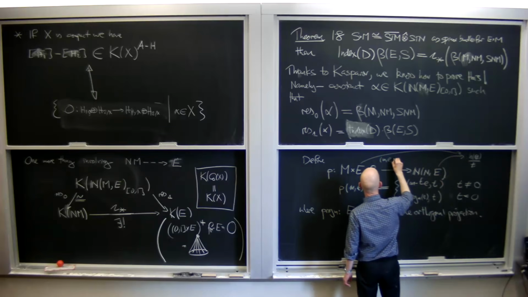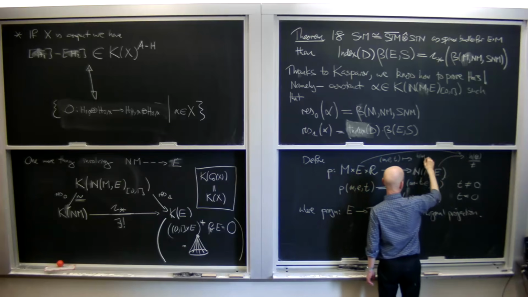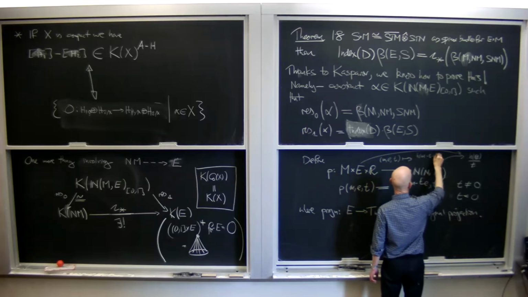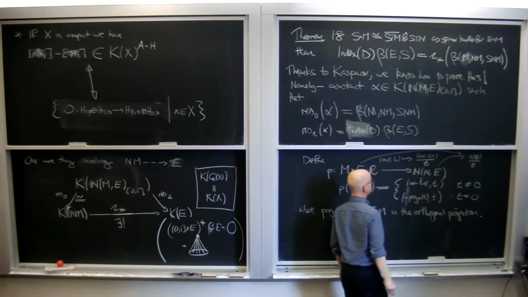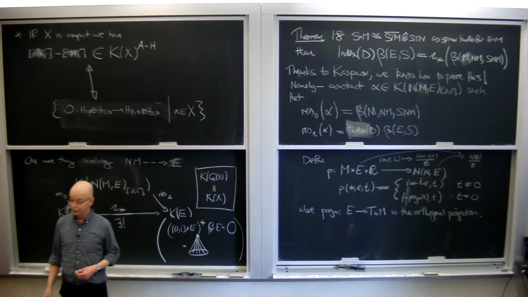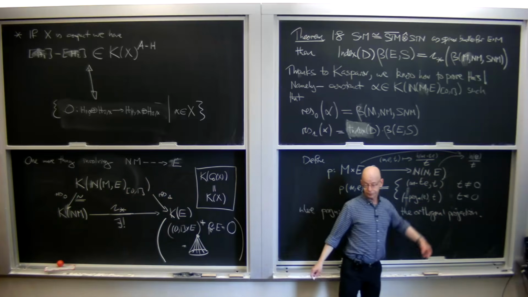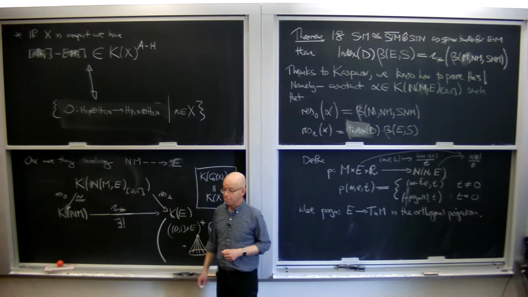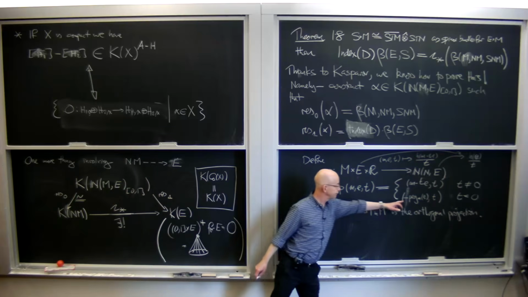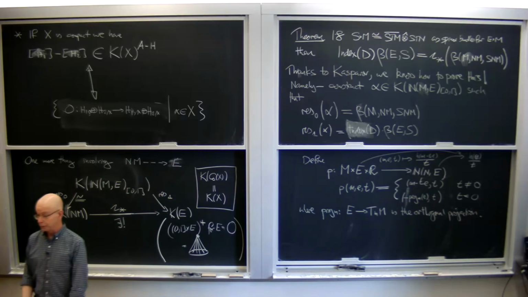M, E, T goes to H of M minus T, E over T. And for sure, this thing extends smoothly when T is equal to 0. And when T is equal to 0, what you get is minus the derivative exactly as you want. Minus because of this minus. So I'm just indicating how you know that this is a nice smooth map.